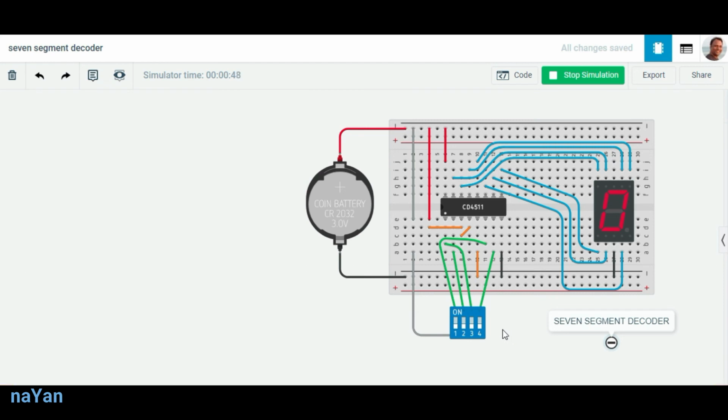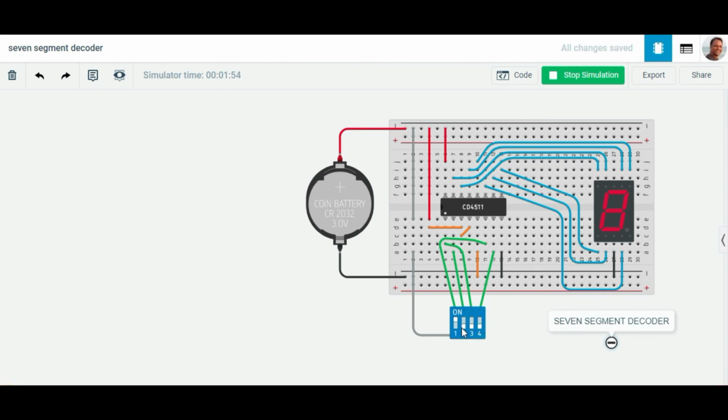At 0 0 0 0 we get 0, at 0 0 0 1 we have 1, at 0 0 1 0 we have 2, 0 0 1 1 we have 3, then 0 1 0 0 we have 4, 0 1 0 1 we have 5, 0 1 1 0 forms 6, 0 1 1 1 forms 7, 1 0 0 0 forms 8, and 1 0 0 1 forms 9.